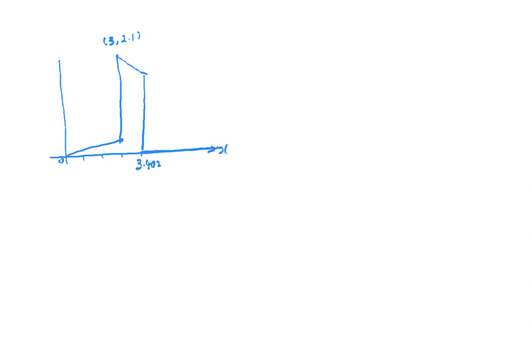Hello? If you want me to do it exactly, mine is not drawn in proportion. So sometimes when you sketch the graph, that's why it's good to jot down this point and this point.